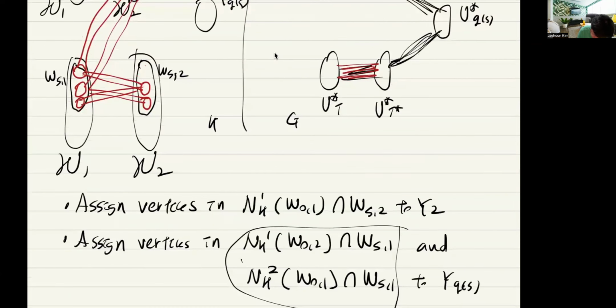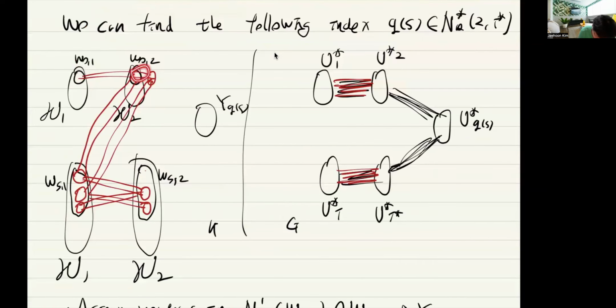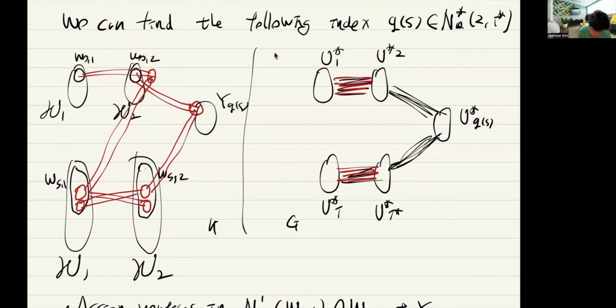What it means? The first one is when we have this and then you take the neighborhood, so this set. So we move this set to here. Then what will happen is that this will be gone and they will be connected here. And this will be gone and they will be connecting here.